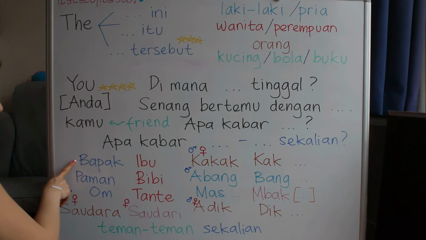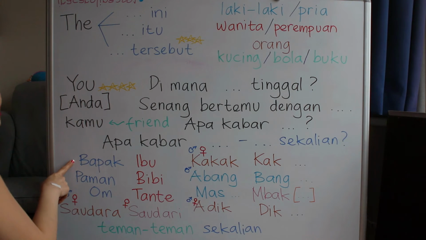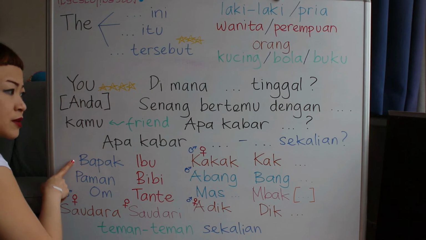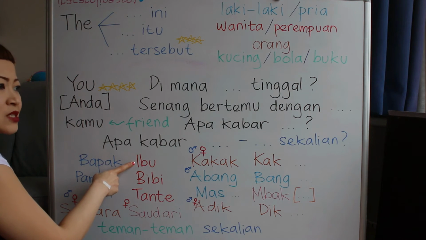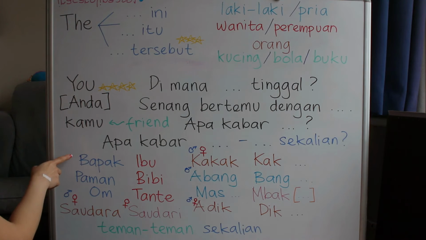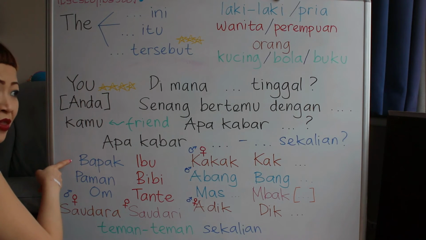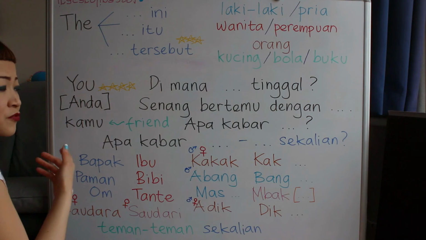Bapak male, ibu female. Bapak is sir or Mr. Ibu is Mrs. or Madam or Ma'am. Even though bapak can also be father and ibu can also be mother, in this case, of course, it's not father and mother.